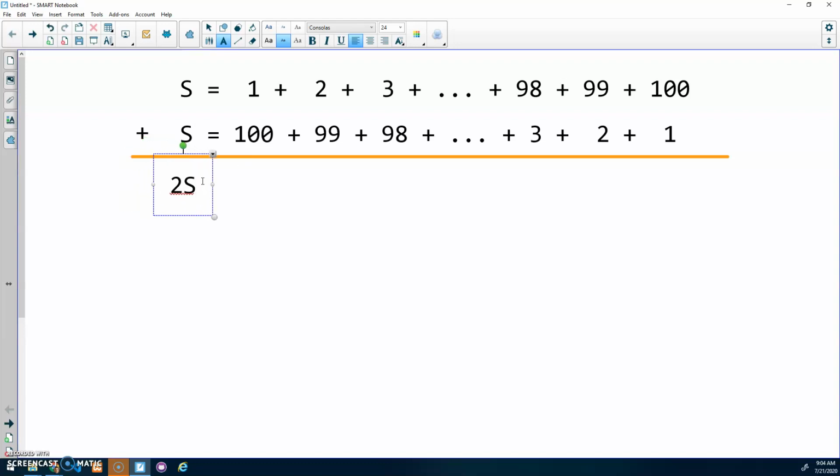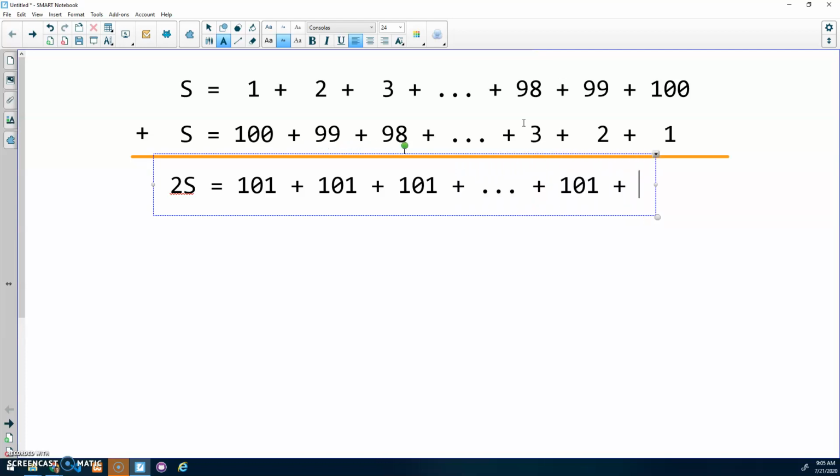And what 2S equals, well, when I add up each of these columns, these numbers all line up here: 1 plus 100 is 101. 2 plus 99 is 101. 3 plus 98 is 101. 98 plus 3 is 101. So we get 101 plus 101 plus 101 plus dot dot dot, 101 plus 101 plus 101.